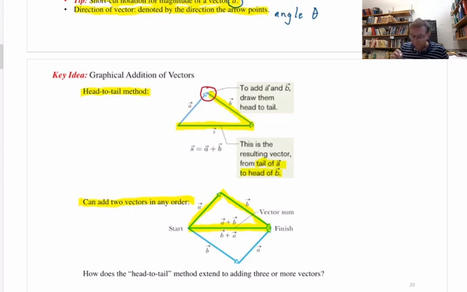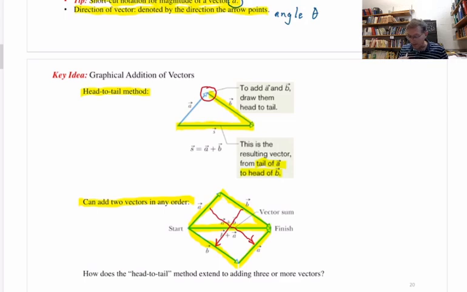All you've got to do is take the B vector right here and slide it down to this location, like that. And then slide the A vector down to this location, like that. Then we have the head of B at the tail of A. So B's first, then A. But still the rule is that the sum goes from the tail of the first to the head of the second.